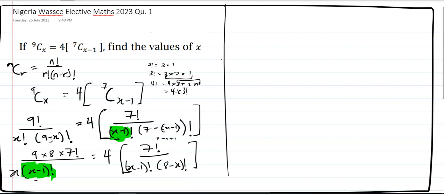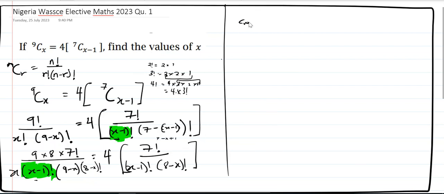So when we subtract 1 from the expression, you are going to get the expression itself, as in 9 minus x. So the 9 minus x factorial will be 9 minus x itself times 8 minus x factorial, because we can do cross multiplication, right?